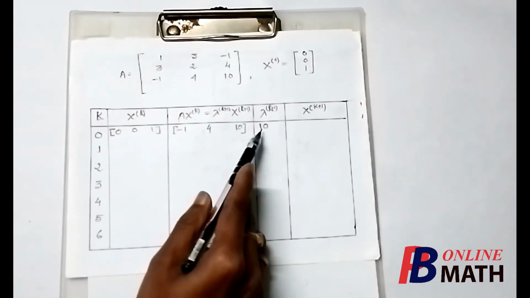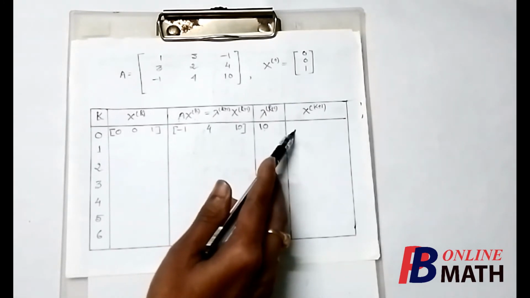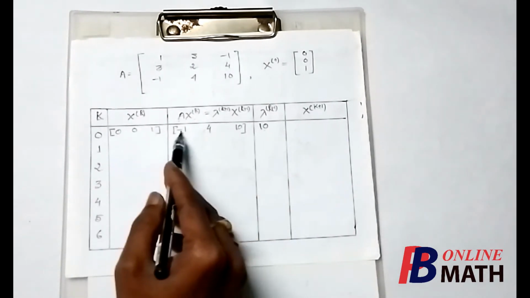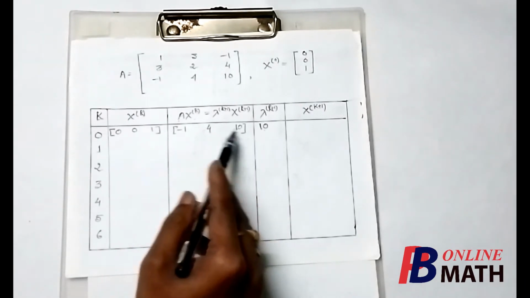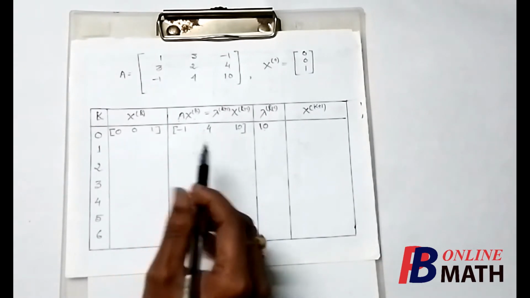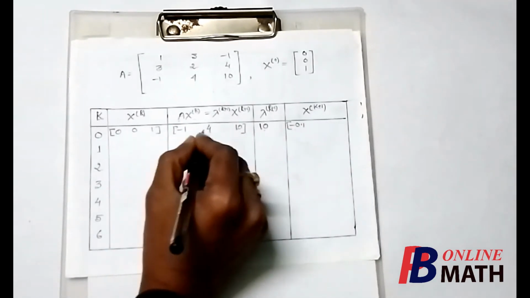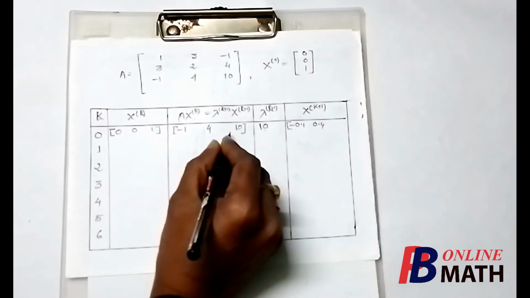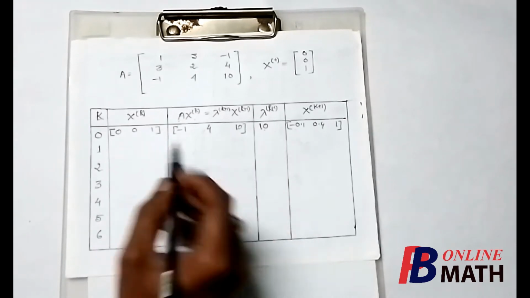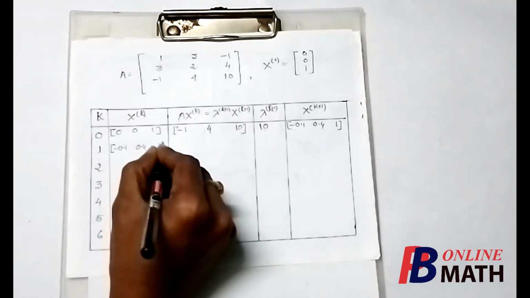So if we get this lambda equal to 10, then the next eigenvector can be found if we take 10 common from this vector, or if we multiply each element of this vector by 1 by 10. So in this case it will be minus 1 by 10, so minus 0.1, 4 by 10, 0.4, 10 by 10, which is 1. So this will be the next approximation of the eigenvector. So here we write minus 0.1, 0.4 and 1.